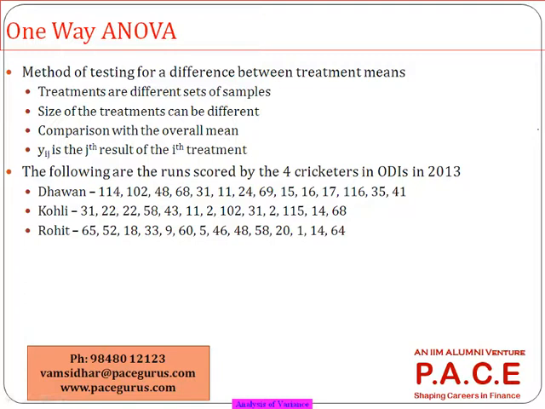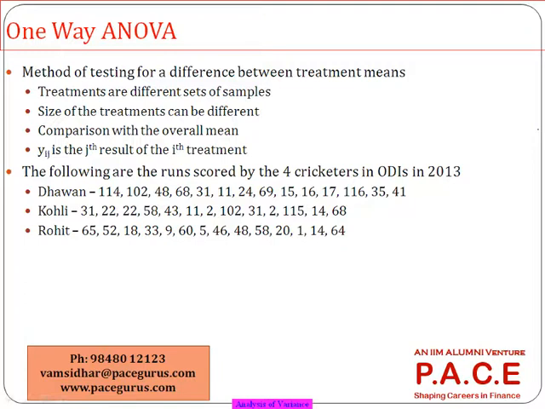So the treatments are three different cricketers, and the runs scored by each of these cricketers are the various responses or observations of each of the treatments.